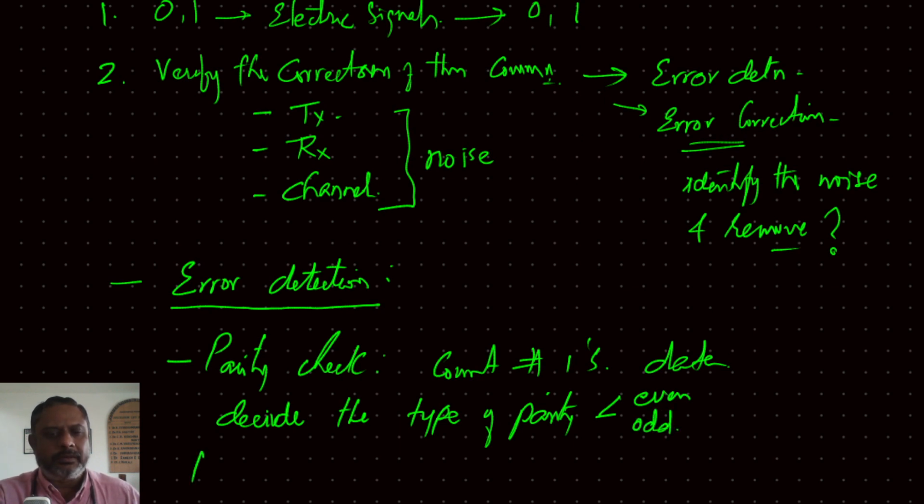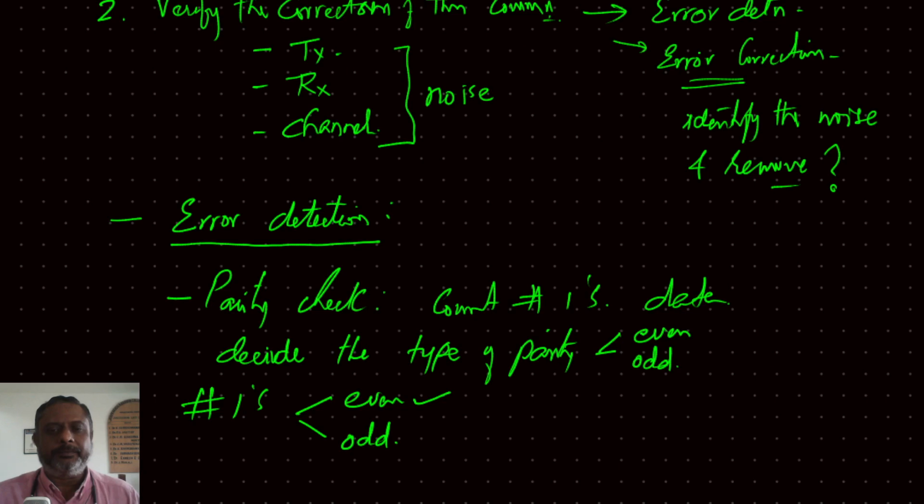That means the number of ones may be even or odd. We decide before communication begins. Both parties sit together and decide what type of parity is being used. Shall it be even parity or odd parity? Let's say even parity is decided.